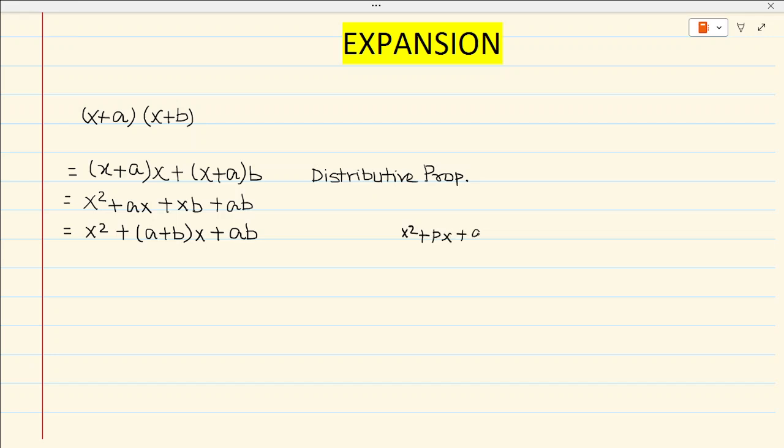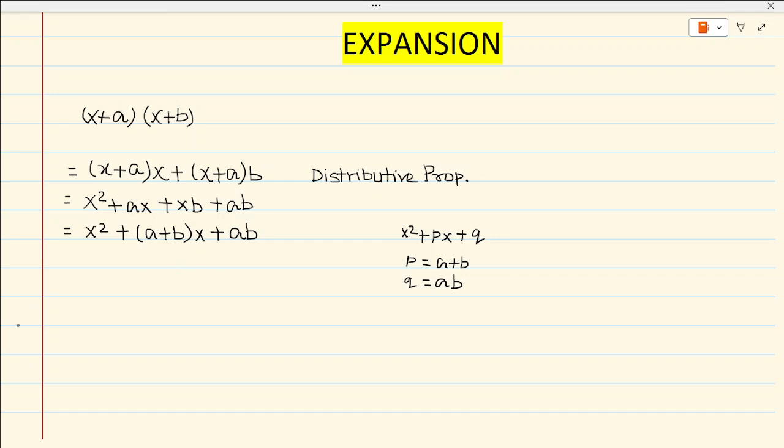Understood? I said to break p in terms of two quantities, a plus b, and q as a product of two integer numbers. This is the same thing.